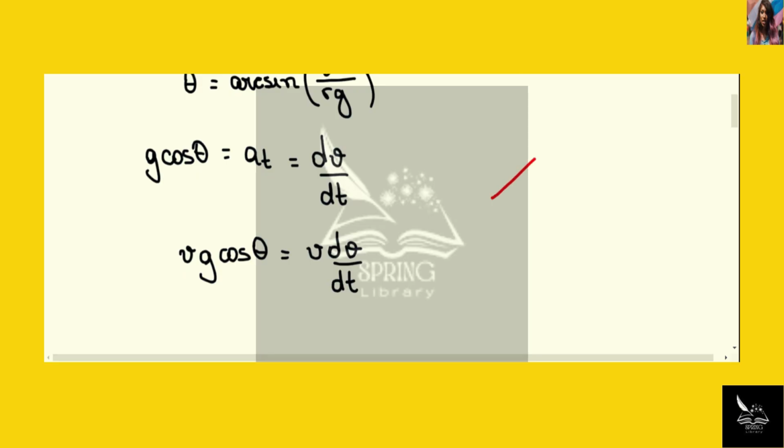Now remember that v is the speed of the particle, which at any point is equal to the line element. So consider that this here is the trajectory. We want the line element, ds, divided by dt. So v is ds dt. And g cosine of theta, and this is v dv dt, so the dt's cancel out.